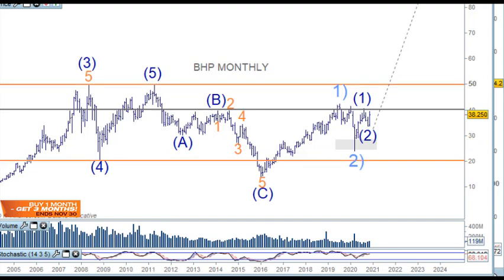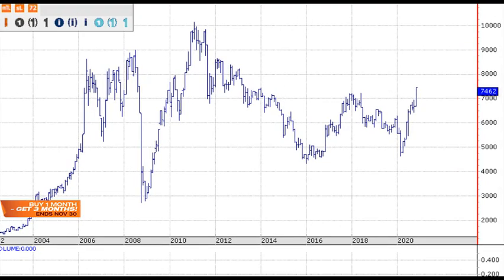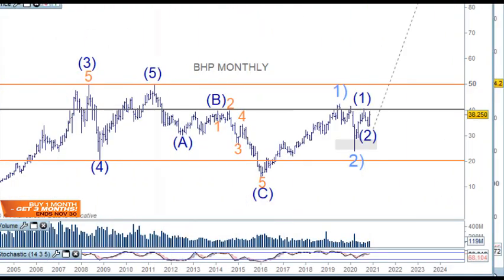So really we've got much the same pattern as copper, and that's why they call it Dr. Copper, because it's kind of the health of the economy, but it fits in nicely with BHP. You probably already know that, but it's just good to have a look around the paddock and see what else is growing in the same way. So all looking very positive on this note.